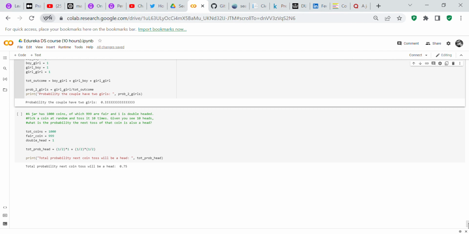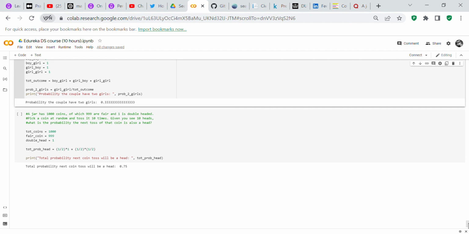So 1/2 times 1 equals 1/2, and 1/2 times 1/2 equals a half of a half, so that's going to be 0.25.